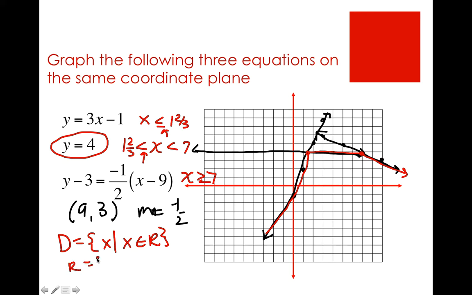The range values have a limitation. The range values only go up to 4, and everything else for the range is less than or equal to 4. This is what we're going to be working on, reading and writing piecewise functions.